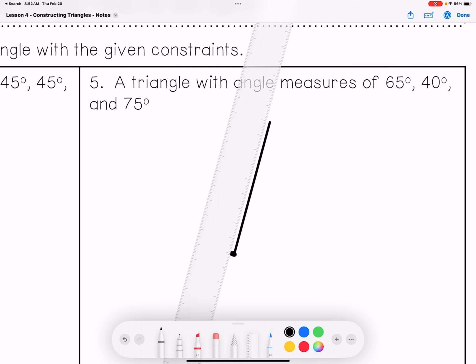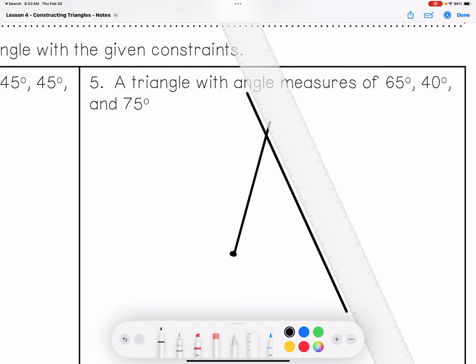Okay, I know that line's probably too far, but we can erase it. The next one is 65. So I'm going to go 65 the other way. Again, I'm probably going to make it too long. That's fine. And the other one is 40.